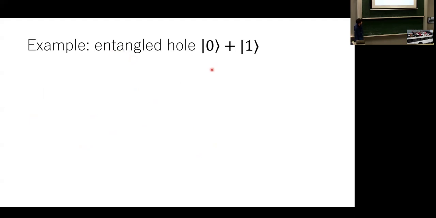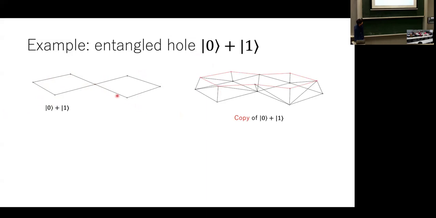For example, consider the superposition of 0 and 1. If you encode this state into a simplicial chain space, it becomes an entangled hole, which may look like these cycles. How can we fill only this hole? First, we copy this cycle to this red cycle.